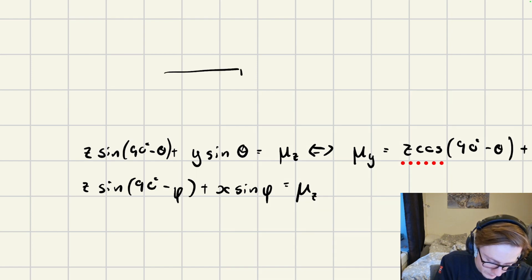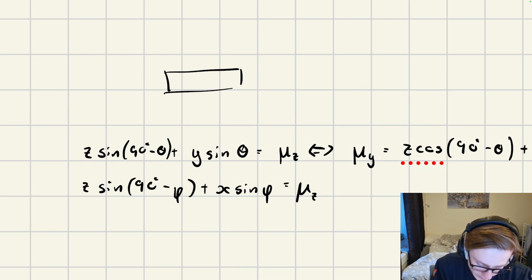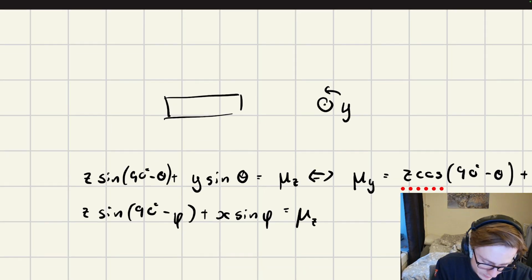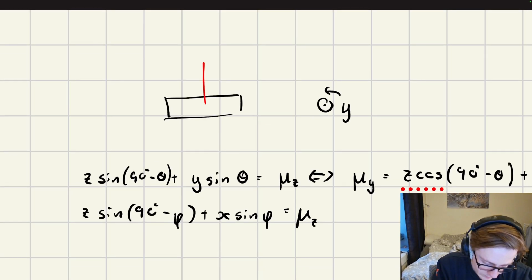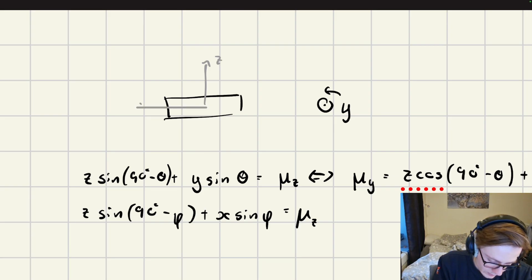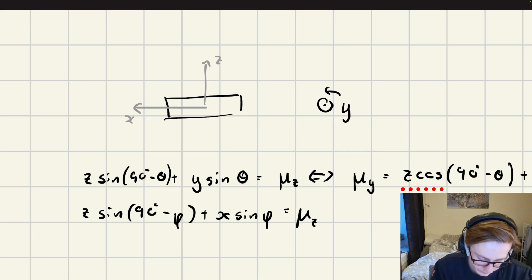Okay, let's try it out. Now we're rotating around y coming out. Does this make sense? X set y, rotating around y would go down, yeah.